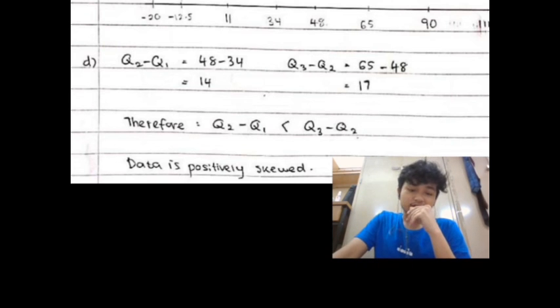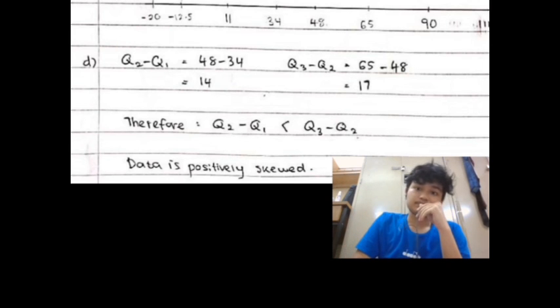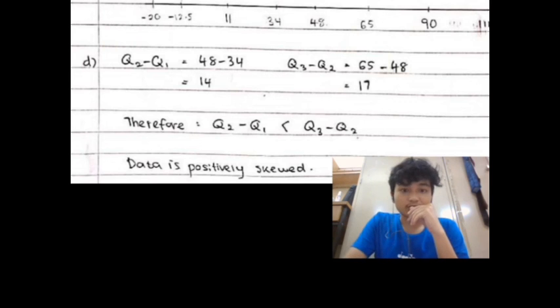Then we compare the values based on the calculation, and therefore we found out that the median minus the lower quartile is smaller compared to the upper quartile minus the median, which means the data is positively skewed. That's all, and thank you.